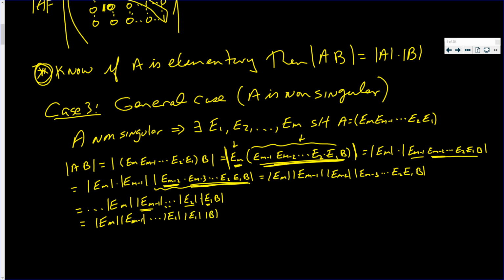Okay, so we have B separate. It's isolated. So I have the determinant of AB is equal to this mess times the determinant of B. Somehow we have to show that that's the determinant of A.